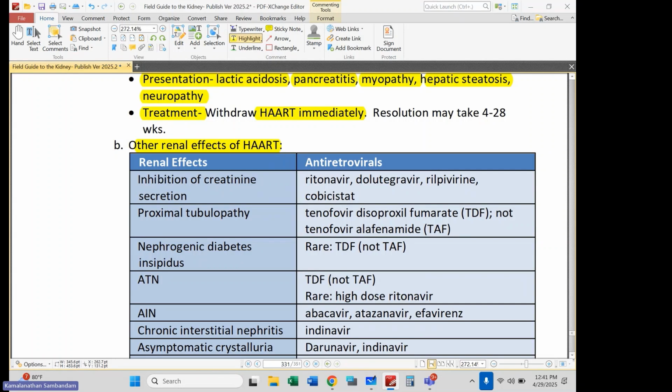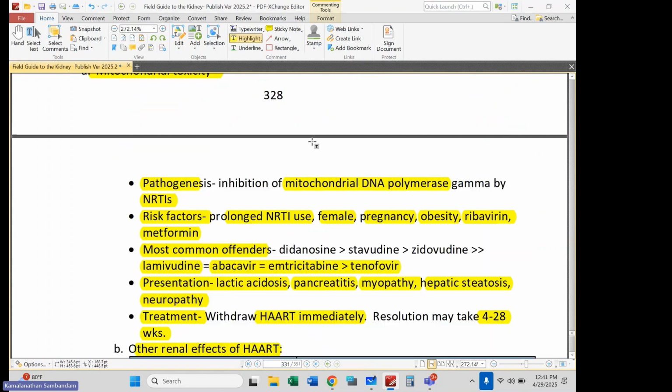Okay, by the way, it may take quite a long time for this mitochondrial dysfunction to resolve. I've had patients die of overwhelming lactic acidosis, even though they stopped the HAART therapy. They have lactate that they continue to generate. The reason is because, remember, this is inhibiting mitochondrial DNA production.